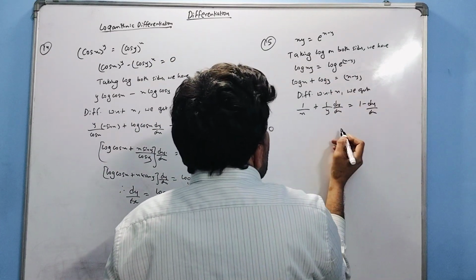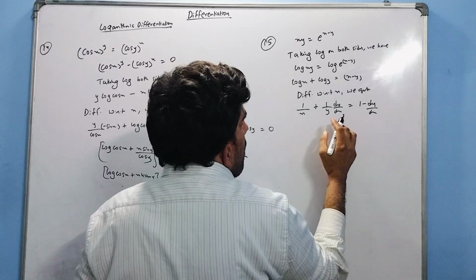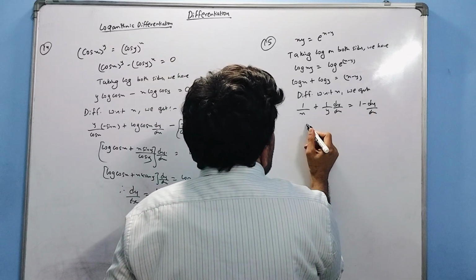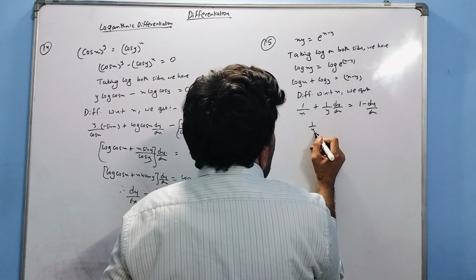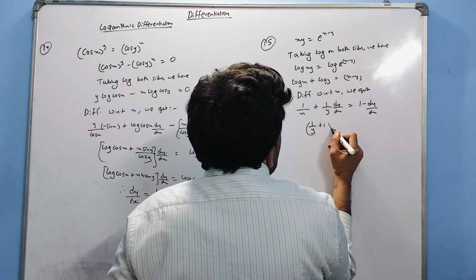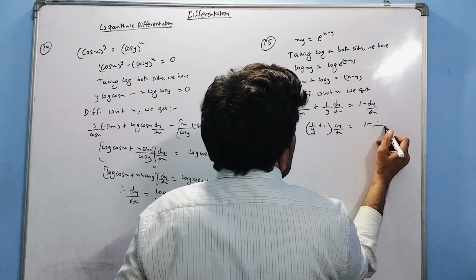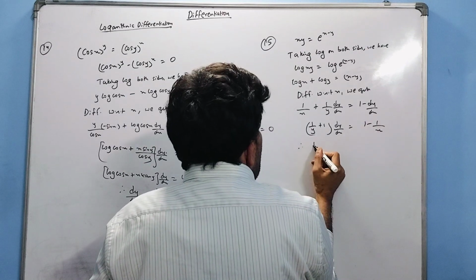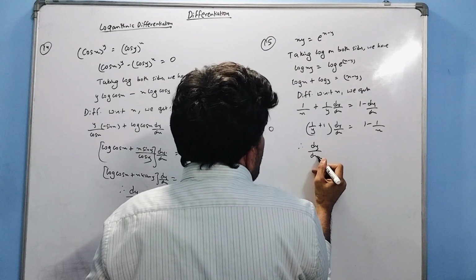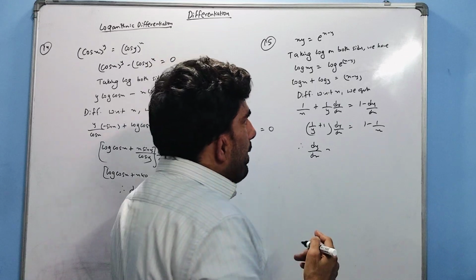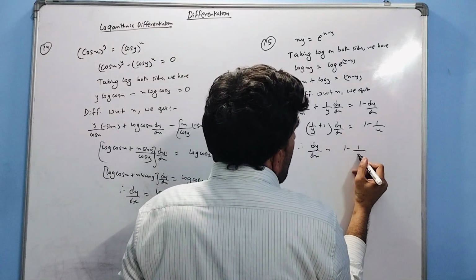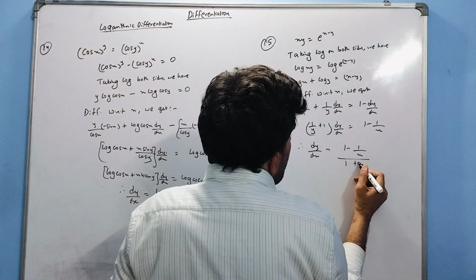What we can do here, we'll try to take this side, so we have 1 upon y plus 1 dy upon dx is equal to 1 minus 1 upon x. Therefore dy upon dx will be 1 minus 1 upon x upon 1 plus 1 upon y.